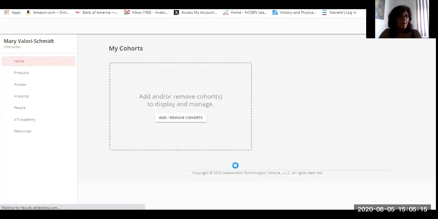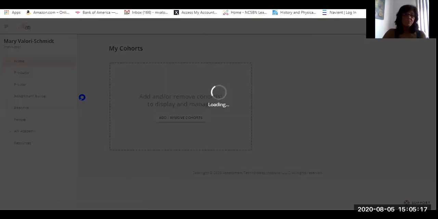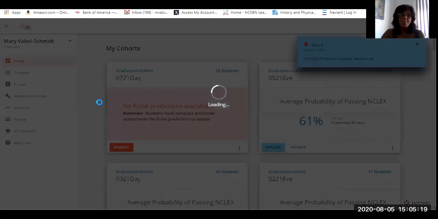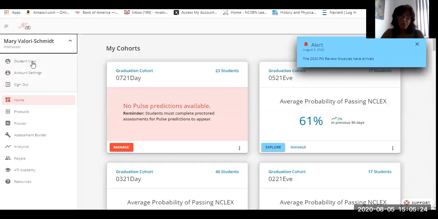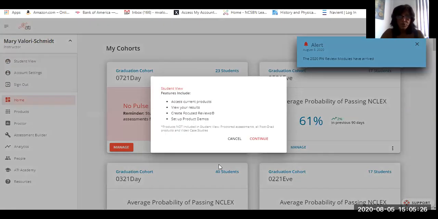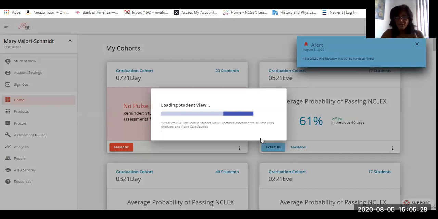So I'll show you what I mean. I'm giving you every possible tool that I can without physically taking the test for you. So I'm going into the student view so you can see it the way you see it.